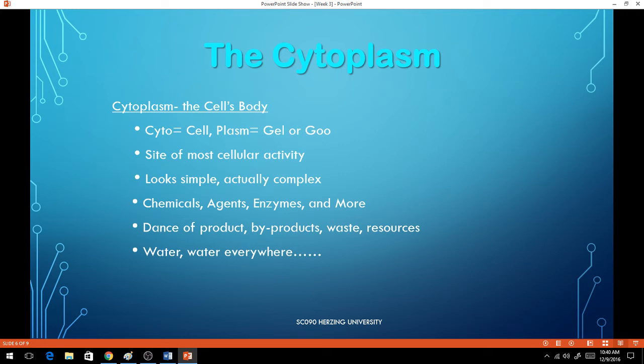It's a warehouse for hundreds of chemical agents, chemical ions, those positive and negative guys we talked about in the previous unit, enzymes, which are folded up proteins that help chemical actions run better, and different cellular products. The cytoplasm is a constant dance of cellular products, resources, water, waste products, invaders, and defense agents. There's a lot going on. It's a real busy compound. It looks like clear goo, but there's so much more going on. And we'll start to talk about what's going on in the subsequent slides.